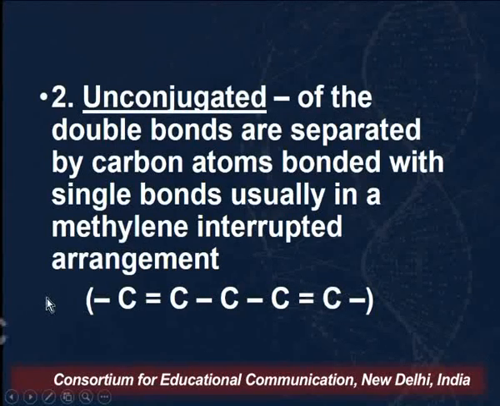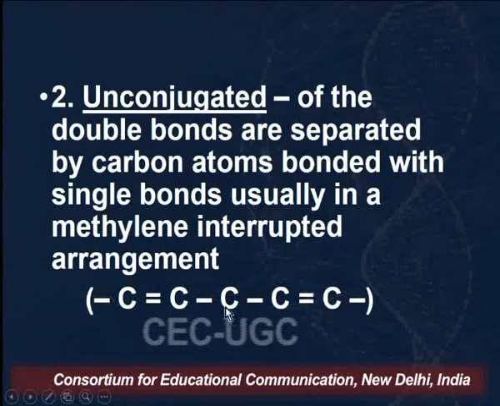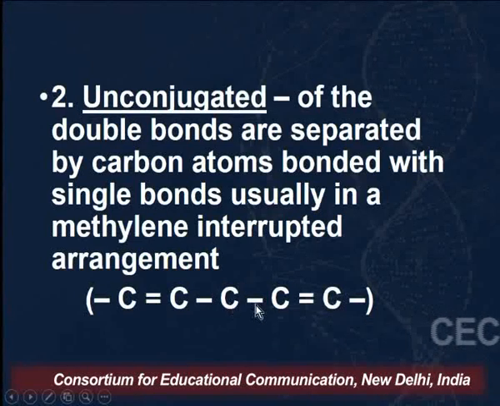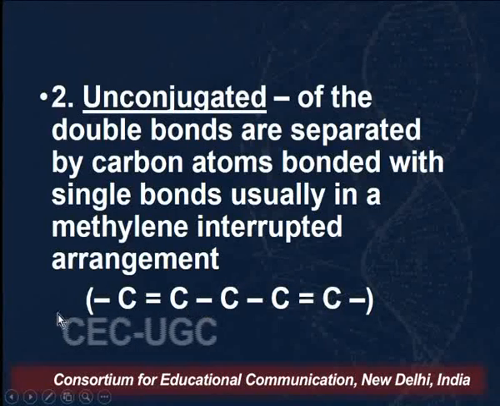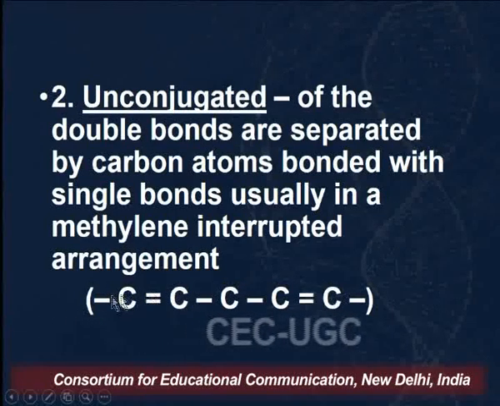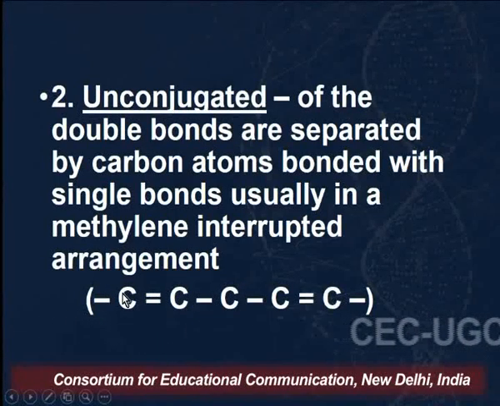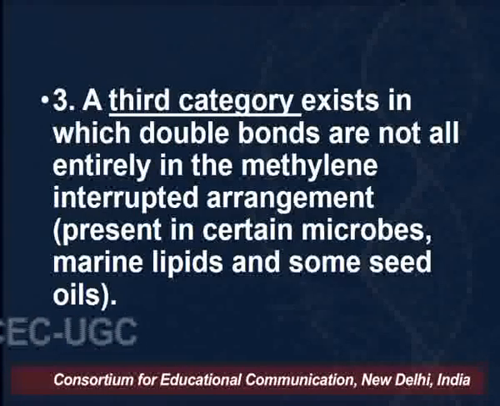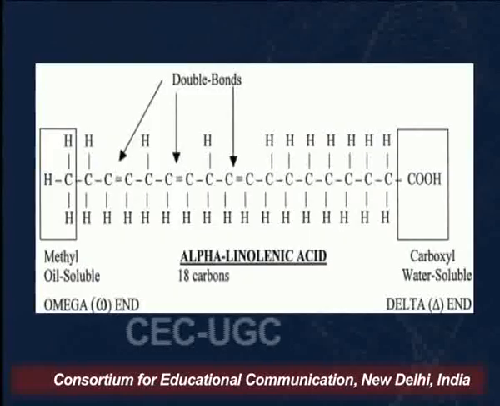So what you have to remember here is, when we are talking of an unconjugated system, there should be at least two single bonds between the carbons containing the double bonds. If this is the arrangement, we say the arrangement is methylene interrupted. Now let us see the example.